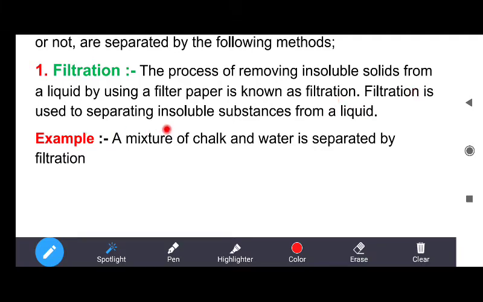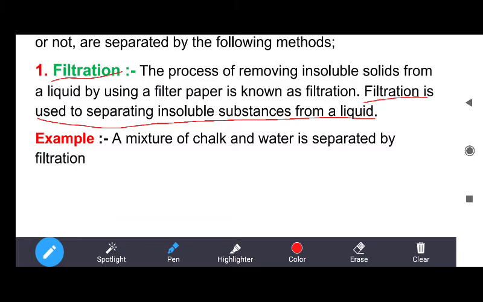Filtration is used for separating insoluble substances from a liquid. If an insoluble substance is present in the liquid, not dissolved, then such types of mixtures can be separated by the process of filtration.